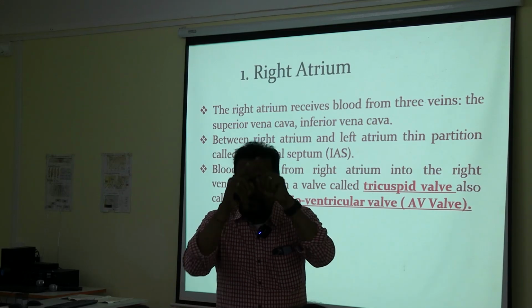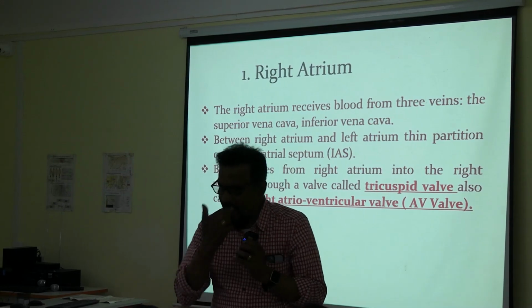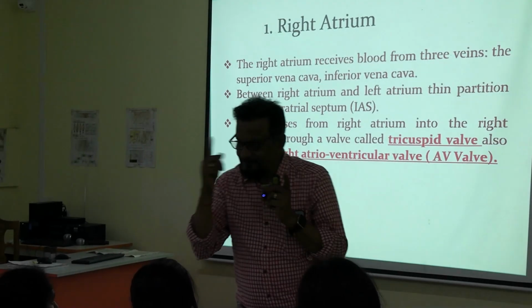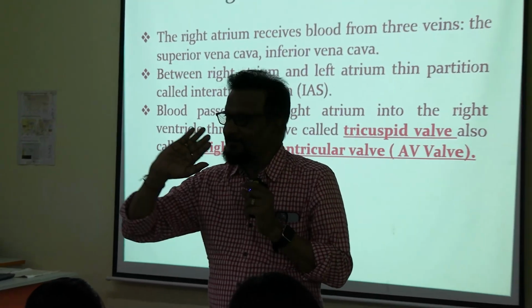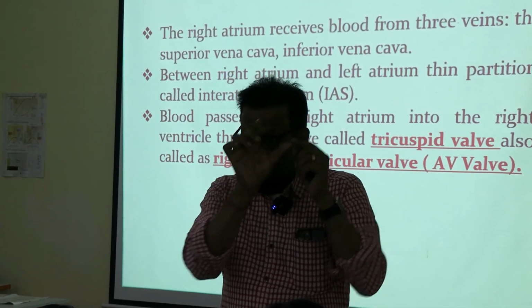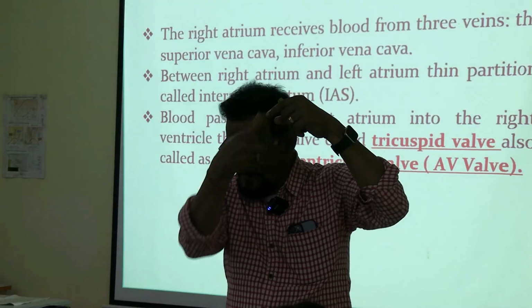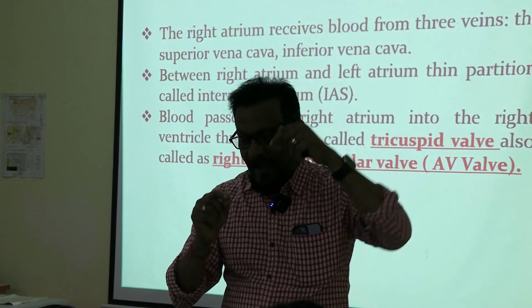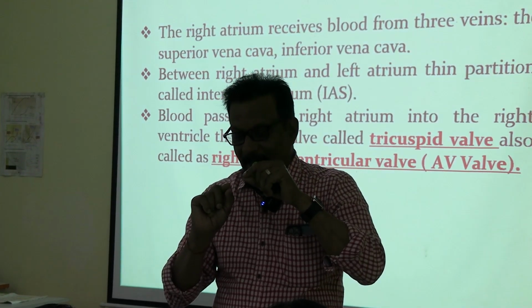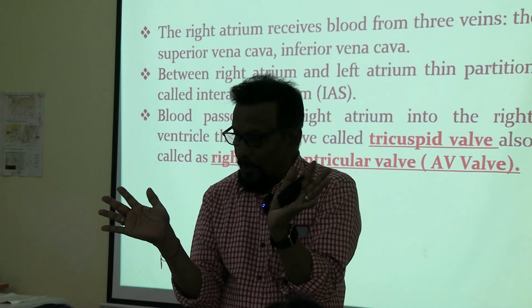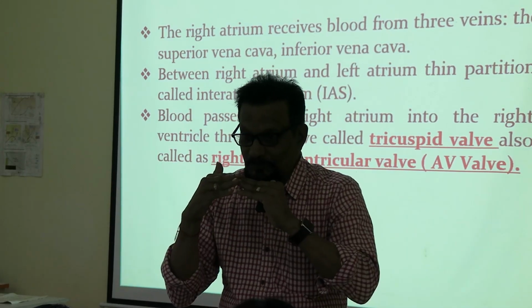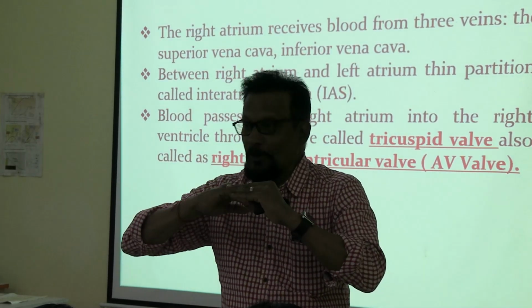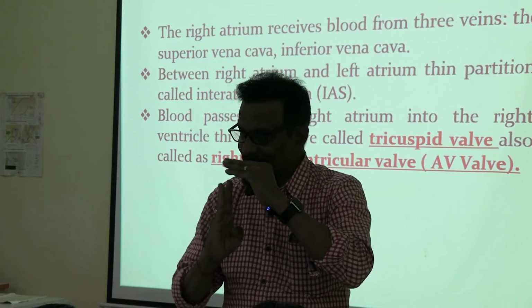Now this cusp is like our tongue. Think about the tongue, it is a little curved. So this is the cusp. Three cusps are there, and when all the cusps close, you will not find any gap.